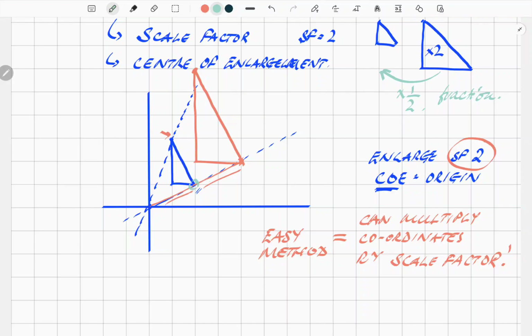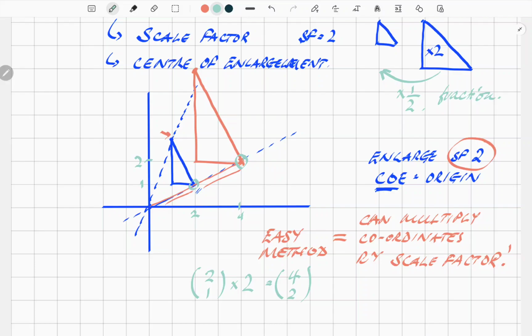Let's take this. That point there is 2, 1, isn't it? So you've got 2, 1 for that first point. Multiply both of them by a scale factor of 2, and you get 4, 2. And guess what? That one there, 4, 2. Spot on. Make sense?